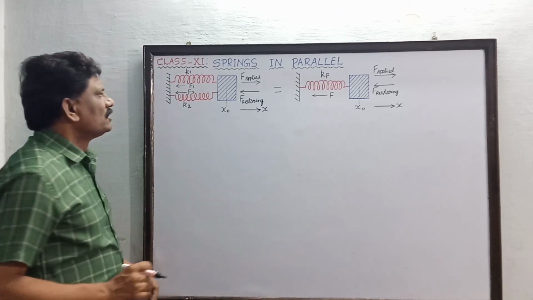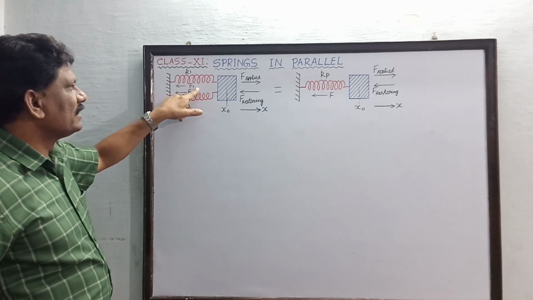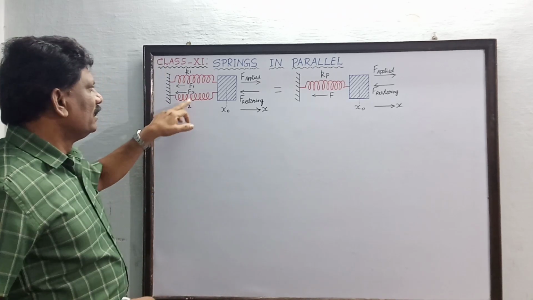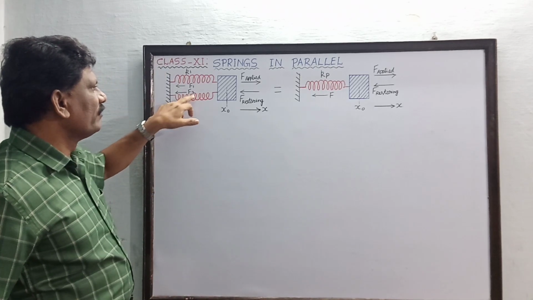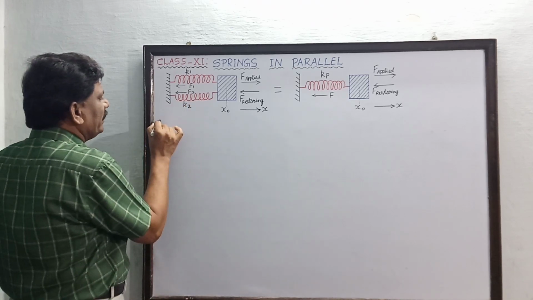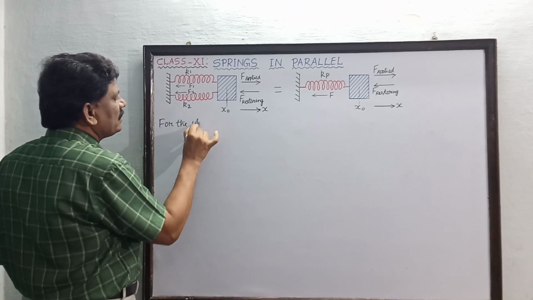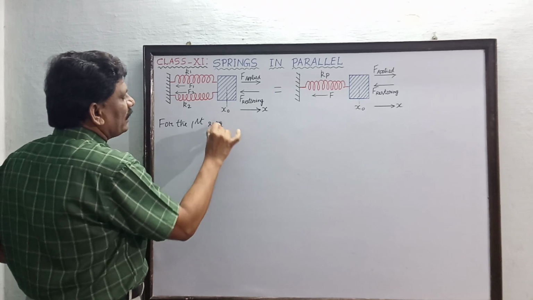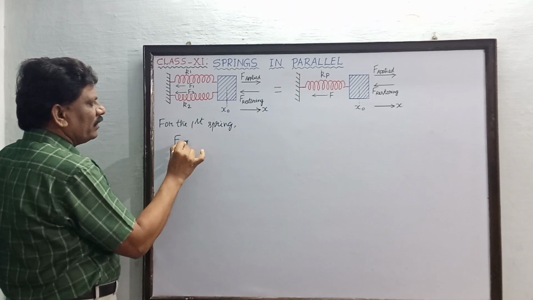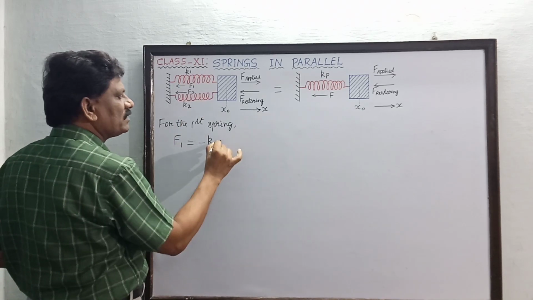So we take the symbol F1 for the restoring force acting on the first spring, and F2 is the restoring force acting on the second spring. So we will write the individual equations like this. For the first spring, the restoring force F1 is minus K1 times the displacement x.